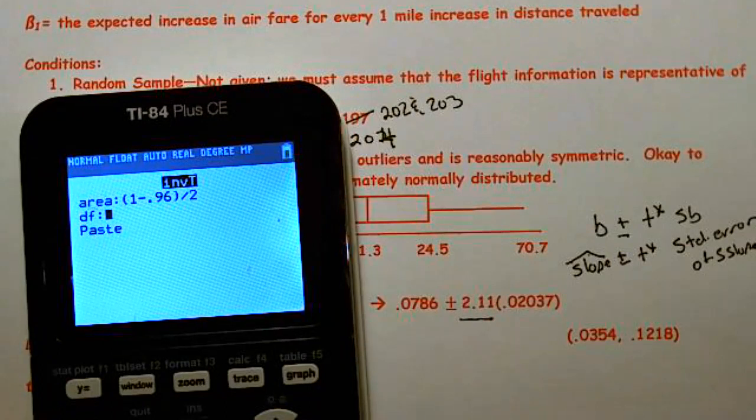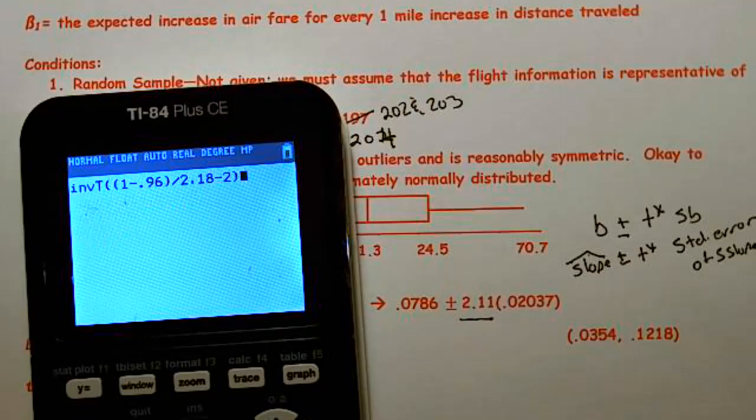Degrees of freedom, 18 minus 2, or just 16. And why do I get a different value? I'm not sure. I need to go back and check that real quickly.